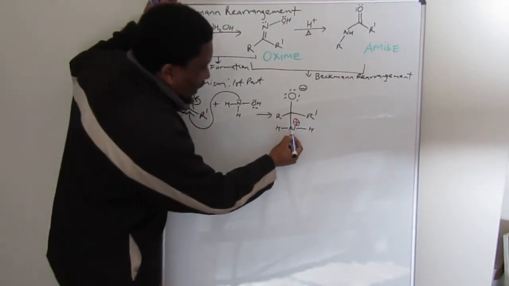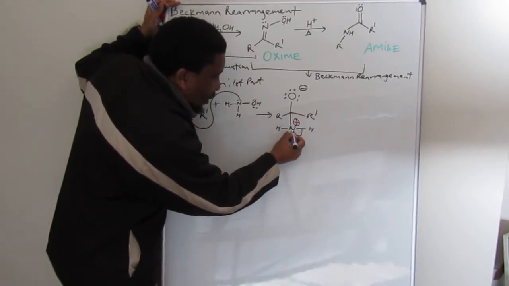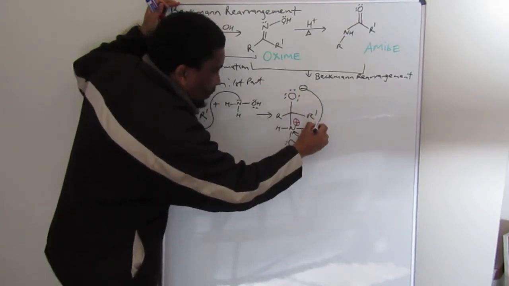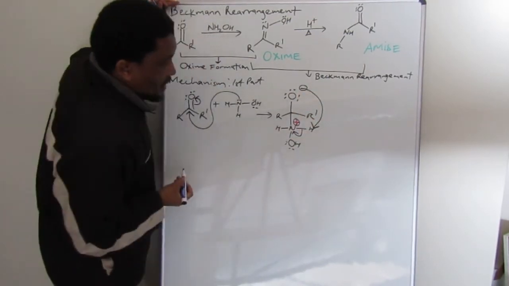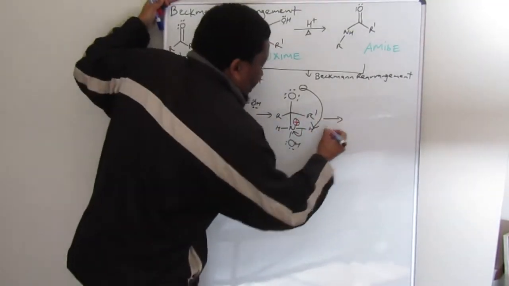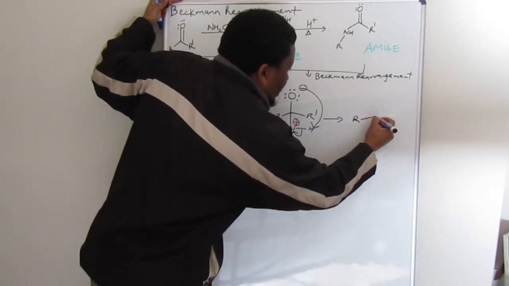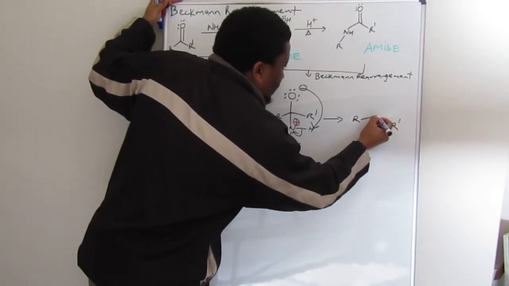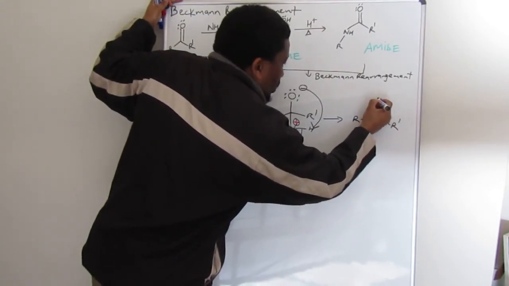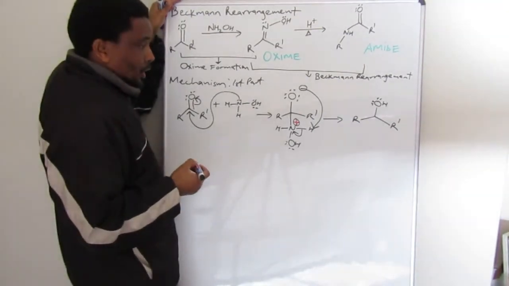Now your nitrogen takes away the bond pair that it shared with hydrogen. As hydrogen falls off as H plus, it is picked up by that O minus. We generate this structure here: our R, our carbon, our R prime, and an OH group now in that position.